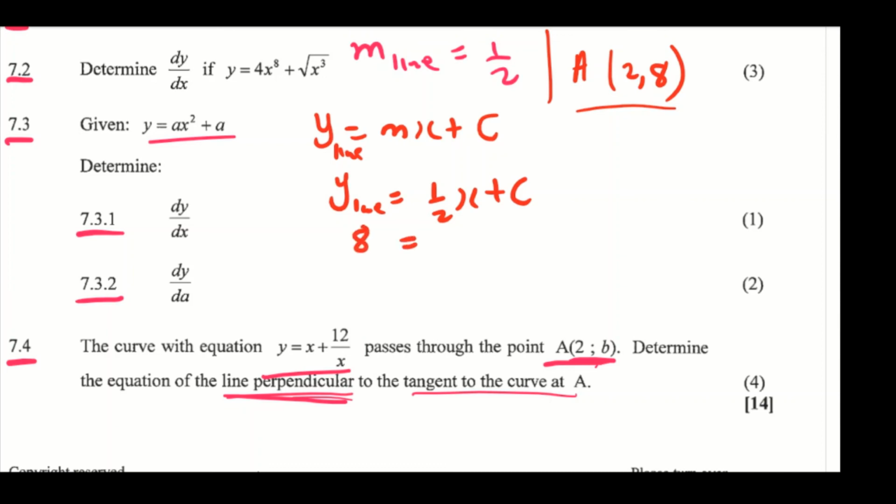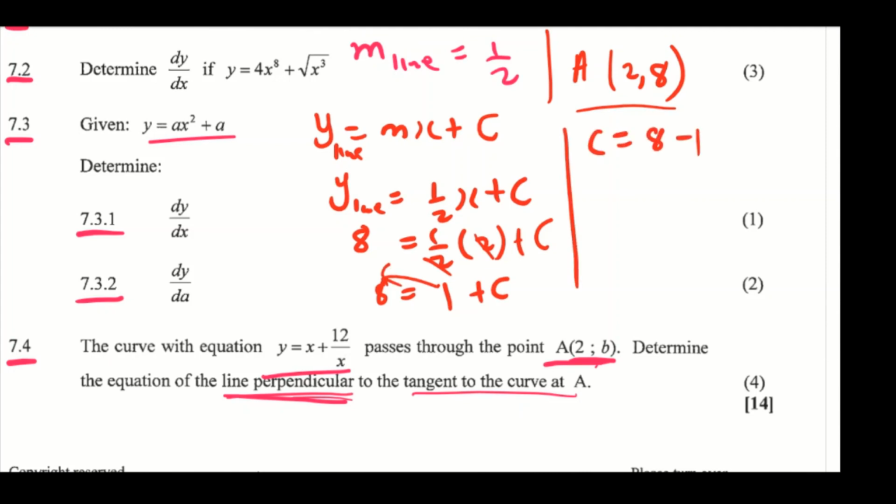It's 8 is equals to 1 over 2 into 2 plus c. So this 2 goes away. We have 8 is equals to 1 plus c. 1 goes to the other side. We have c being equals to 8 minus 1. C is equals to 7. So the equation of the line is equals to 1 over 2x plus 7. So yeah, this is the equation of this line here.